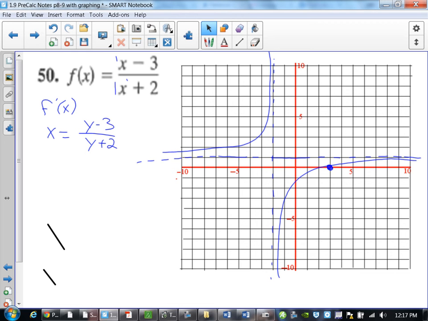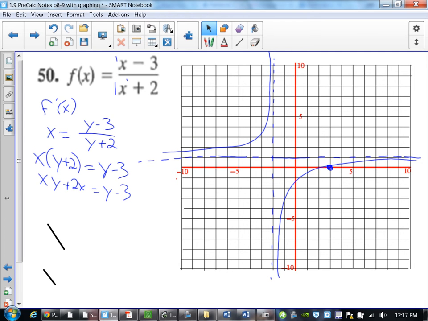I've got fraction equals fraction, so I'm going to cross multiply. So I'm going to get x times y plus 2 is y minus 3. Distribute my values of x. So I have xy plus 2x is y minus 3.